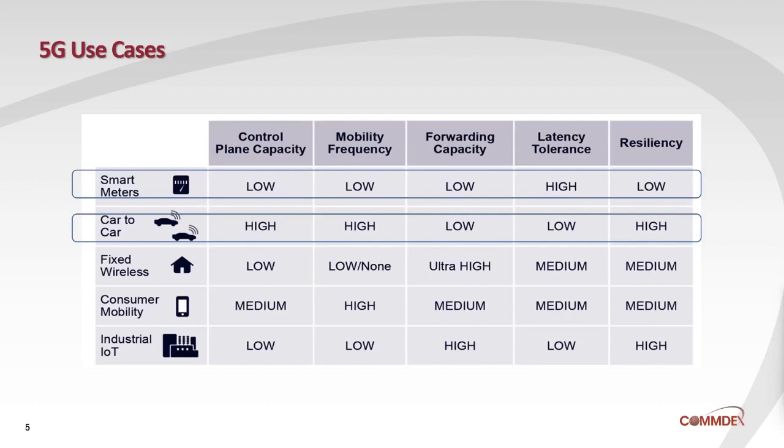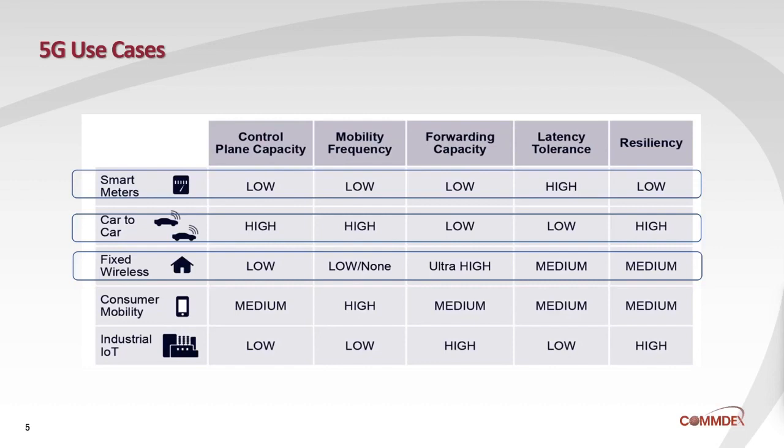Tolerance for latency is low. Low latency is essential for car-to-car communication to enable rapid exchange of safety-related information and collision avoidance. Resiliency is critical to maintain continuous connectivity and ensure robust communication even in challenging environments or during network congestion.